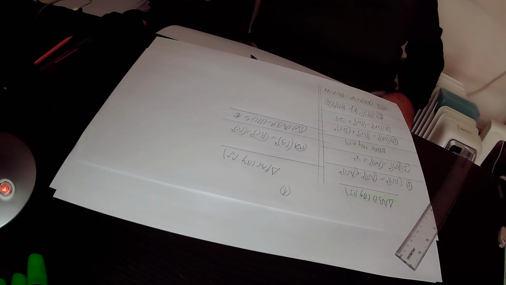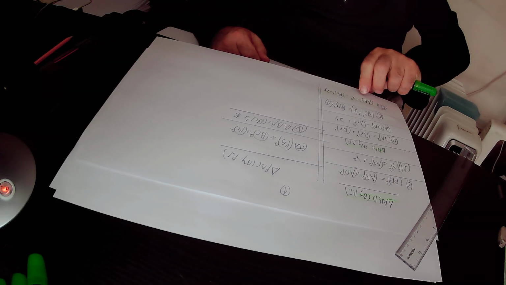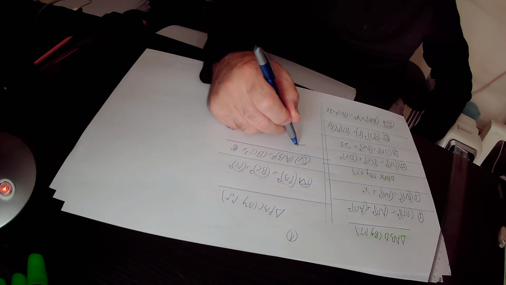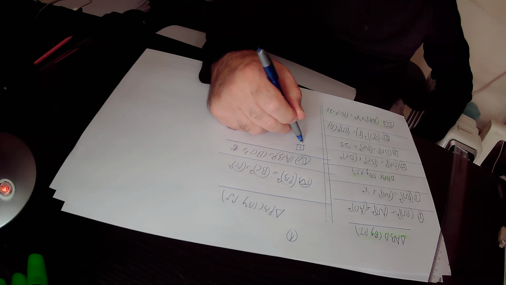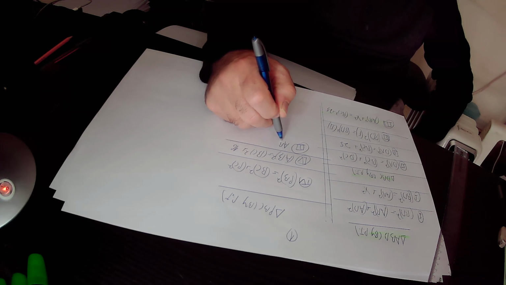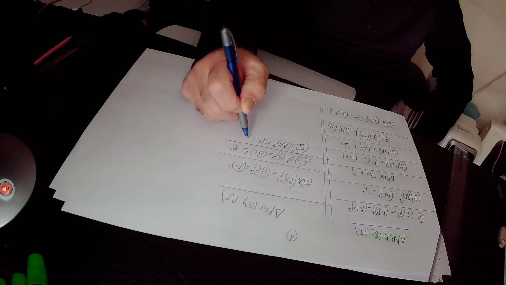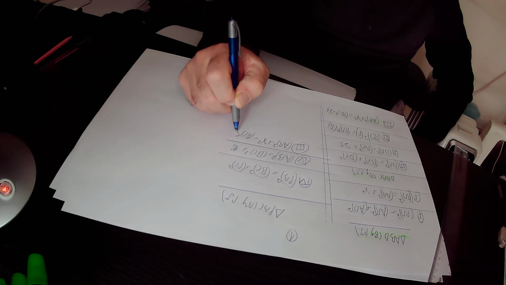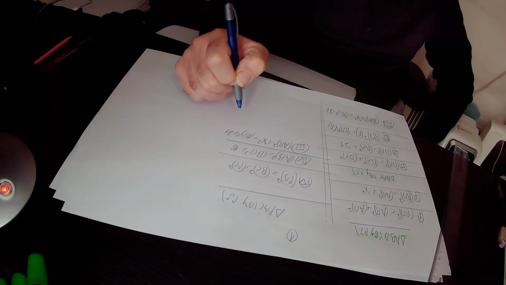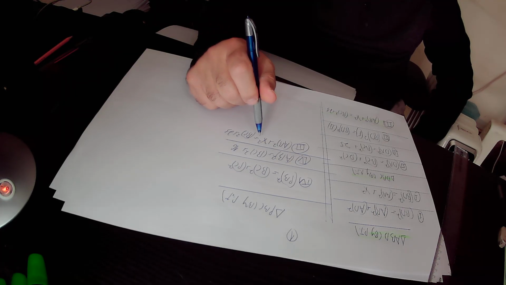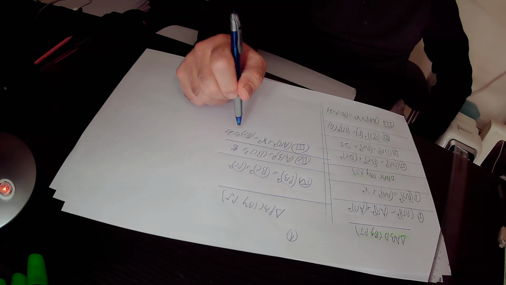And according to equation 3, we have already found that AB squared plus X squared equals BC squared plus 25.